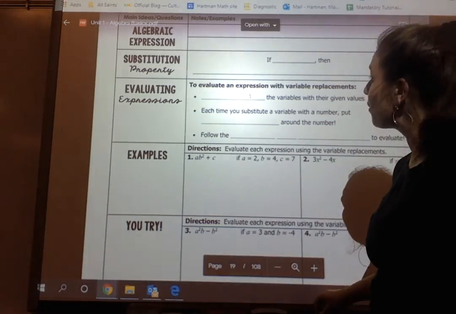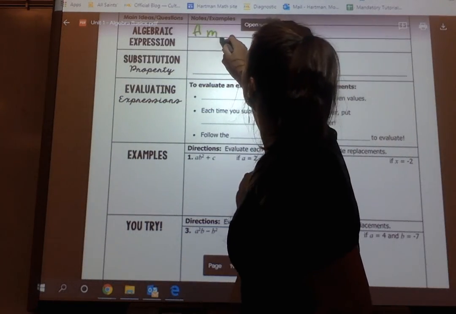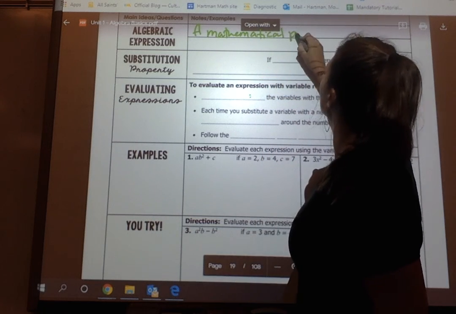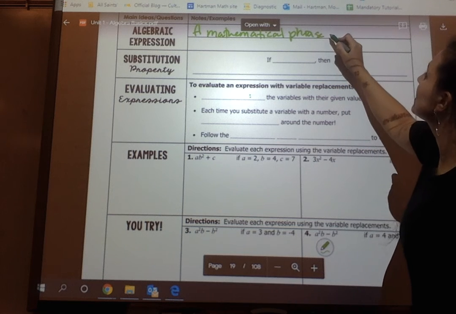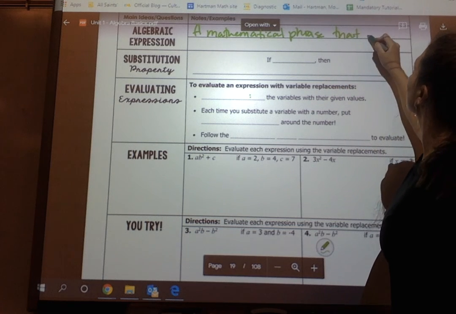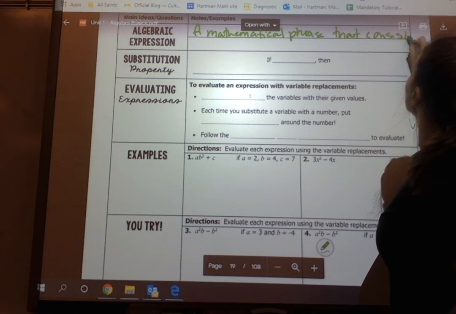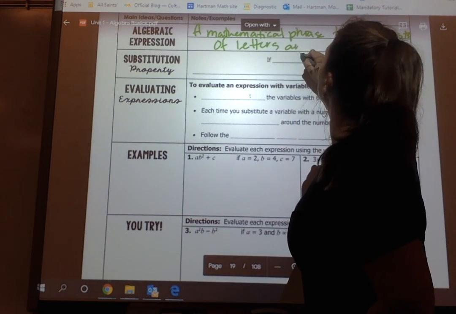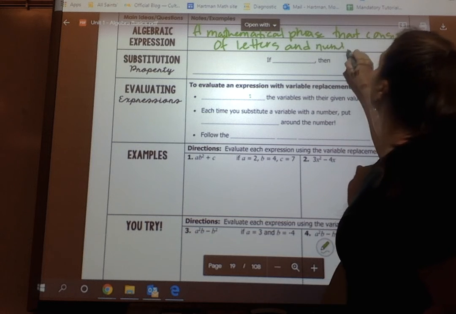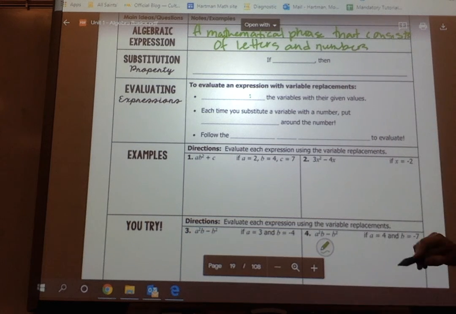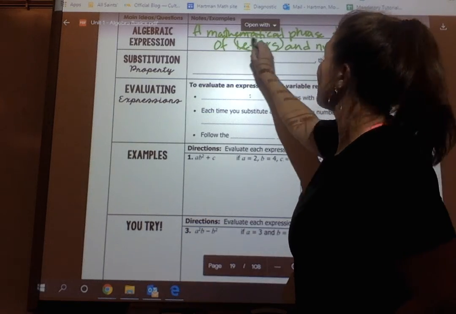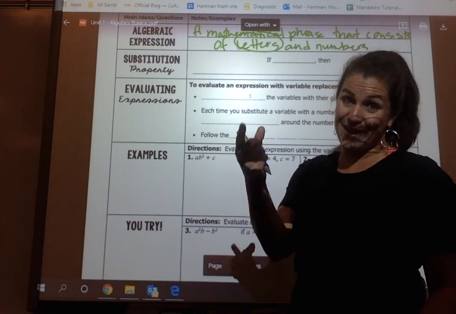So it is a mathematical phrase that consists of letters and numbers. A more sophisticated word for letters is variables.